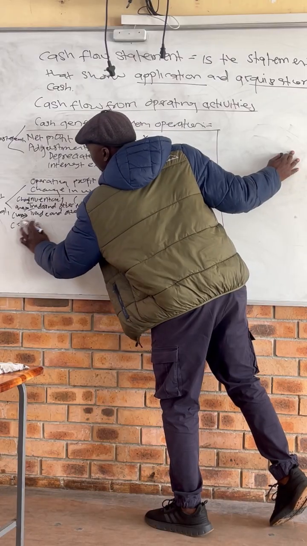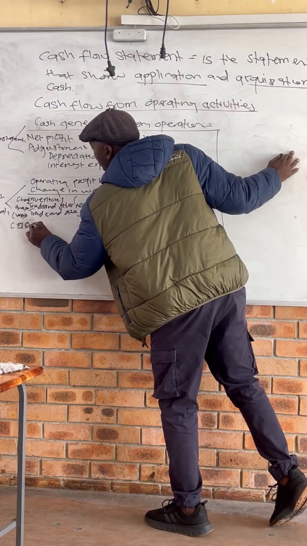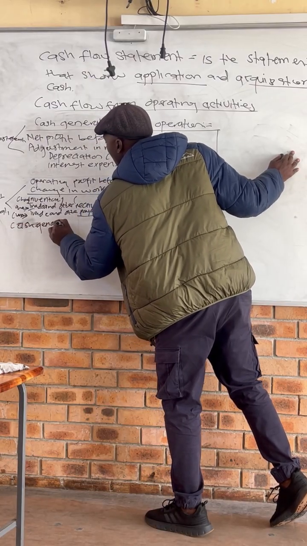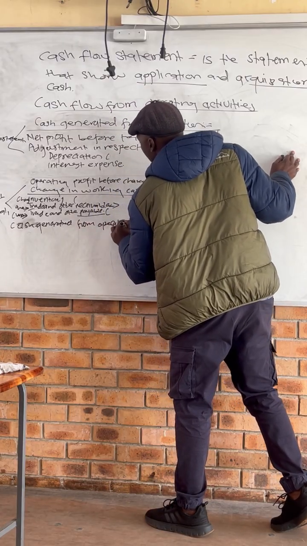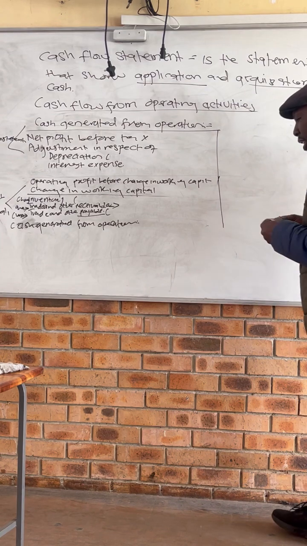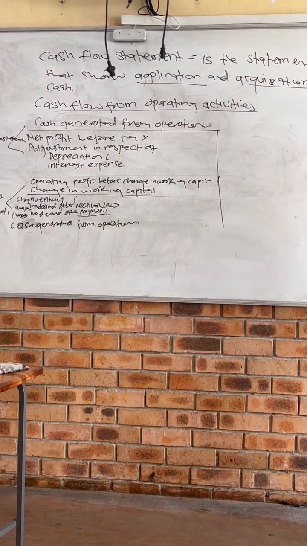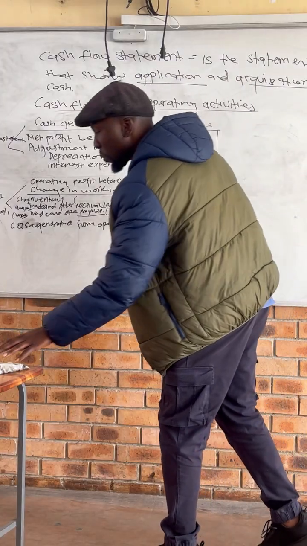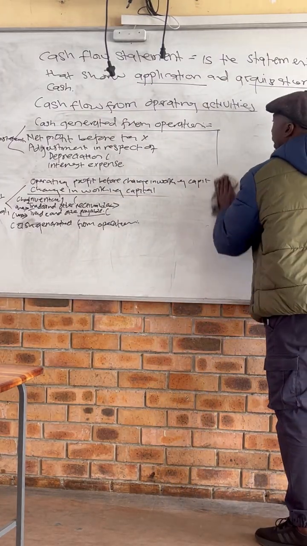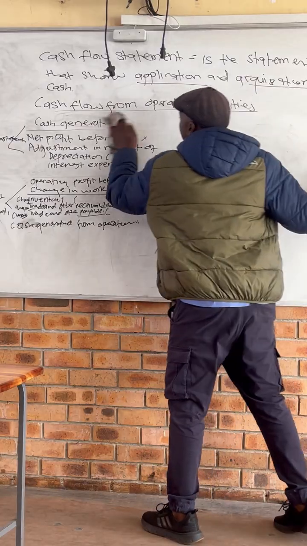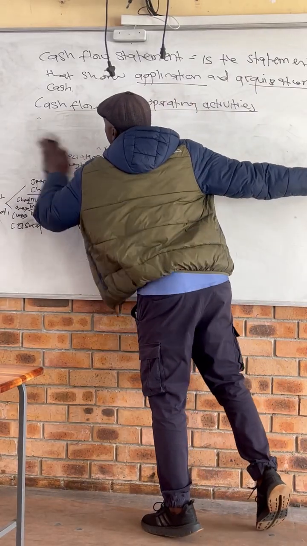Cash generated from operations. Okay, good. Now we are done with our cash generated from operations. Let's go to the second note, which was dividend paid.